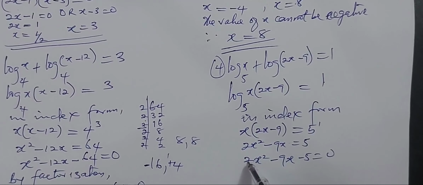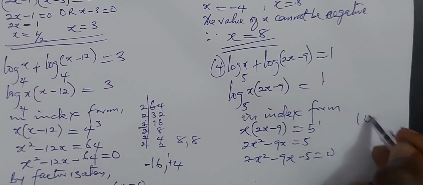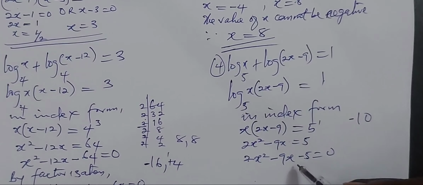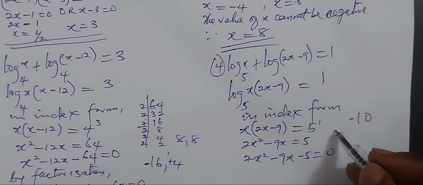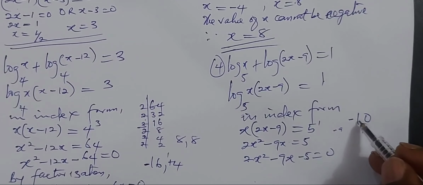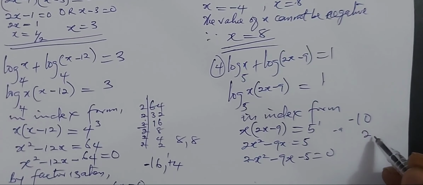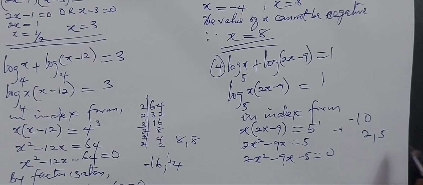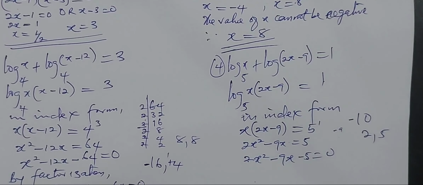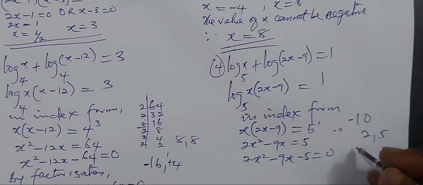So multiply these two by 5, we have 10. So we're looking for two factors that will multiply, we have minus 10. And when we add, we have minus 9. Okay, so factors of 10, we have 2 and 5. But if you add these two, you cannot get 9. So we use 10 and itself.